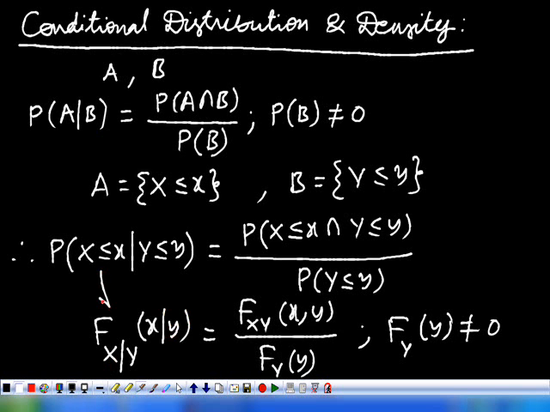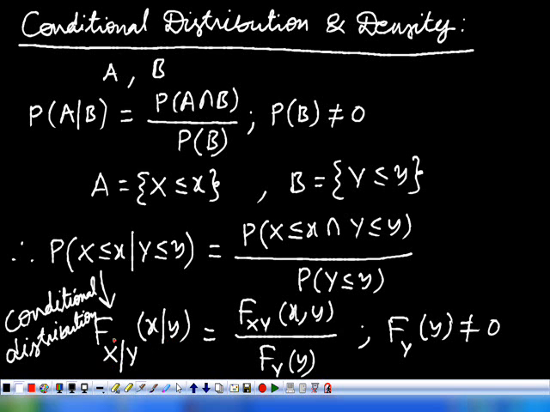So this F_{X|Y}(x|y) is equivalent to this one. This is called the conditional distribution of the random variable X given Y less than or equal to y has occurred, or Y is taking values less than or equal to y.